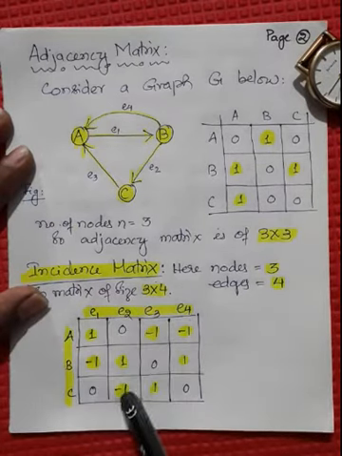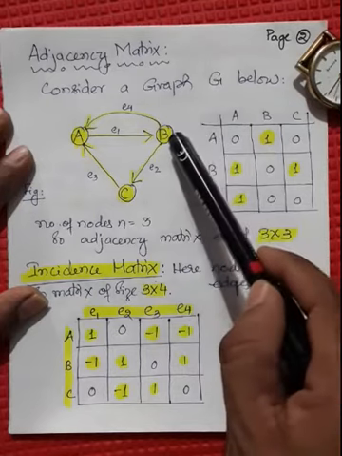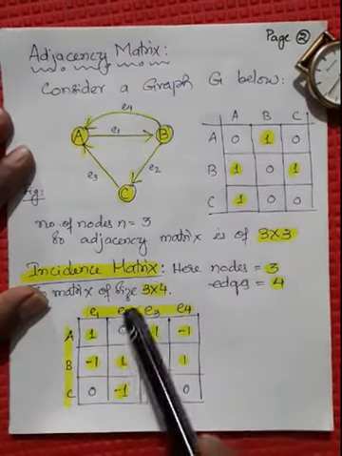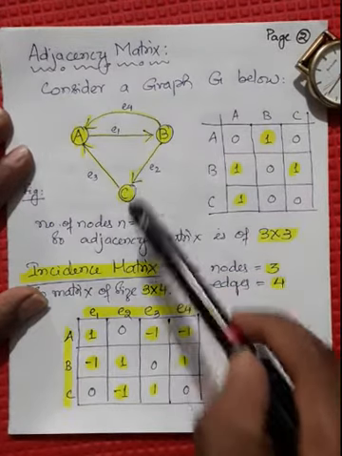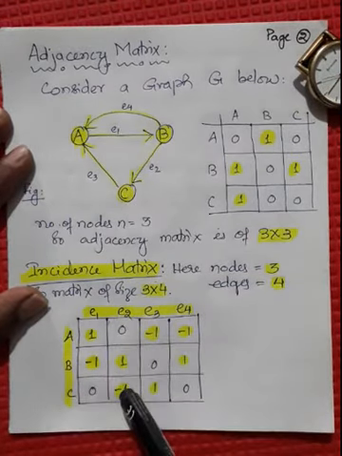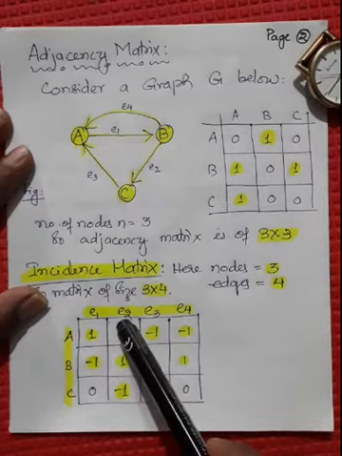Similarly for E2, the source is B, so E2, B is 1, E2's destination is C, so E2, C is -1, other value is 0.